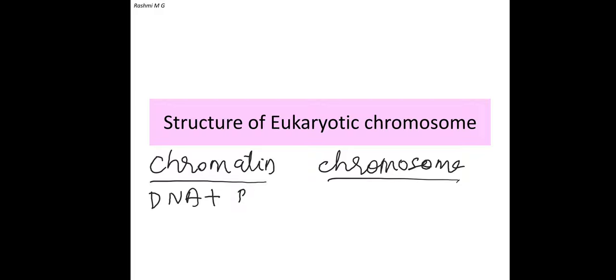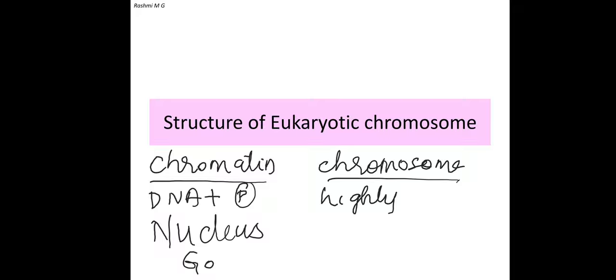I'll correct it, now it is P. So DNA plus protein, and they are found in the nucleus, especially in the G0 phase. In G0 phase, the chromatin contains a single double-stranded DNA. But the chromosome is highly condensed, and I have not mentioned here, chromatin is less condensed.